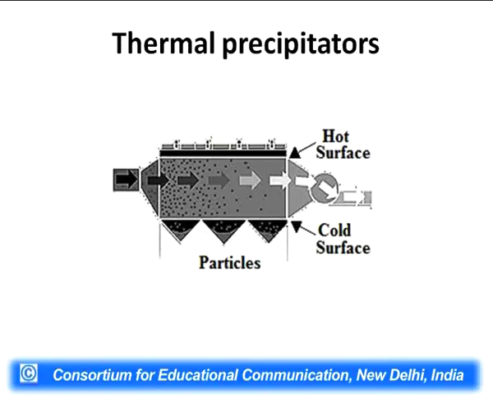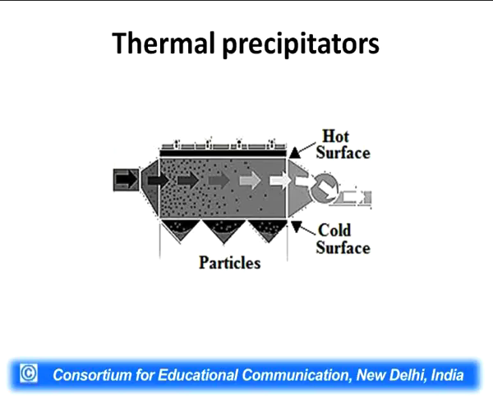Here the schematic of such a precipitator is given. We can see that the air is passing from the left hand side and getting out through the right hand side. In the middle, there are two different plates. One is at a very high temperature, while the plate at the bottom is at a comparatively low temperature.